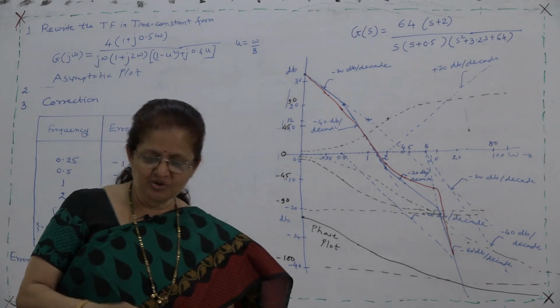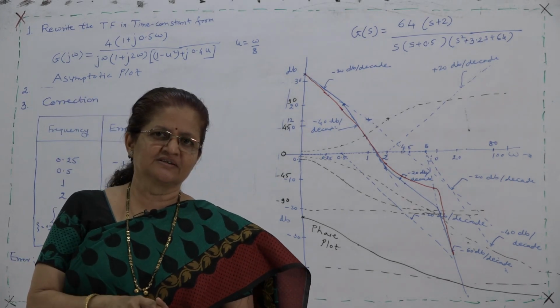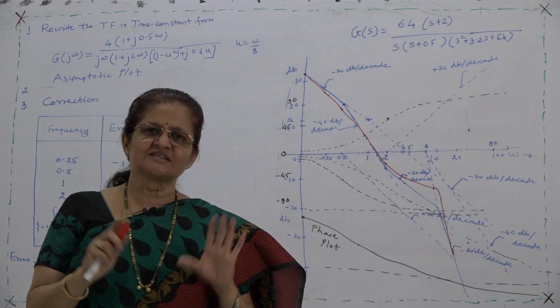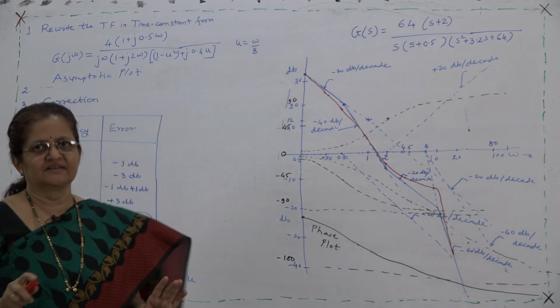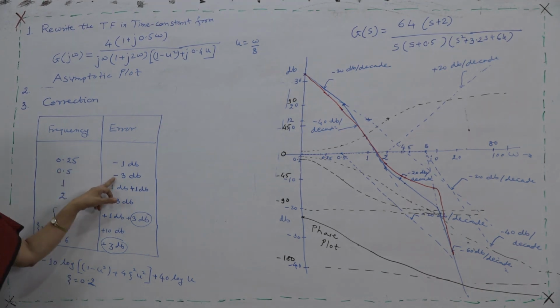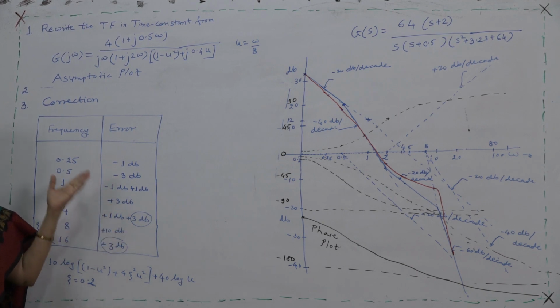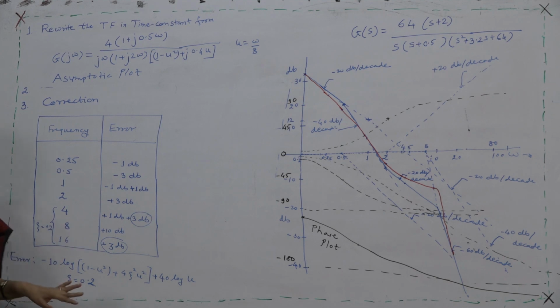So, this is the contribution due to all factors as well as the correction we are considering. The correction is the standard one that we have decided already. So, what is the standard one? At corner frequency it is minus 3 dB if it is a pole, plus 3 dB if it is a zero, depending on whether the term is in the numerator or denominator.